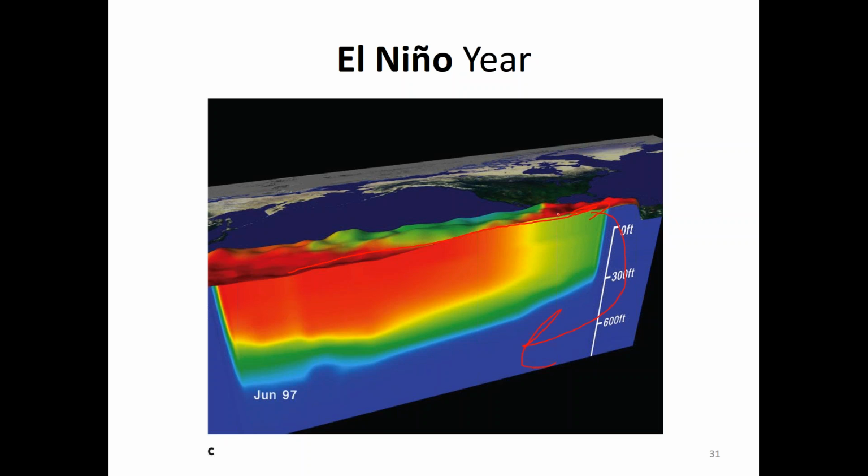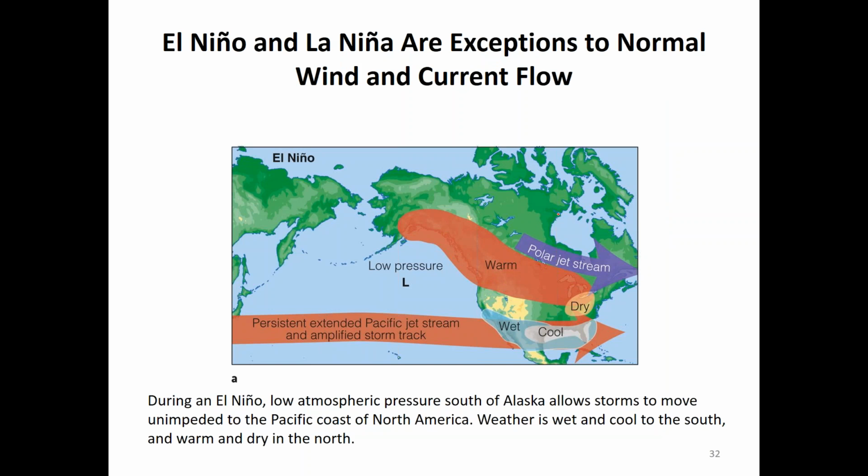And every time there's an El Nino, it drastically alters regional climates because the norm is this low pressure is over here, and you have air flowing from high to low, these easterly winds flowing from high to low, and you have warm water accumulated over here and cold water over here. And it sets up these normal regional climates of North America.